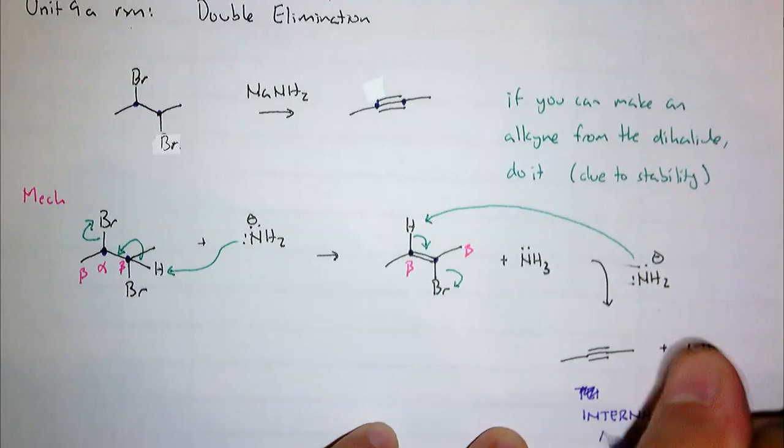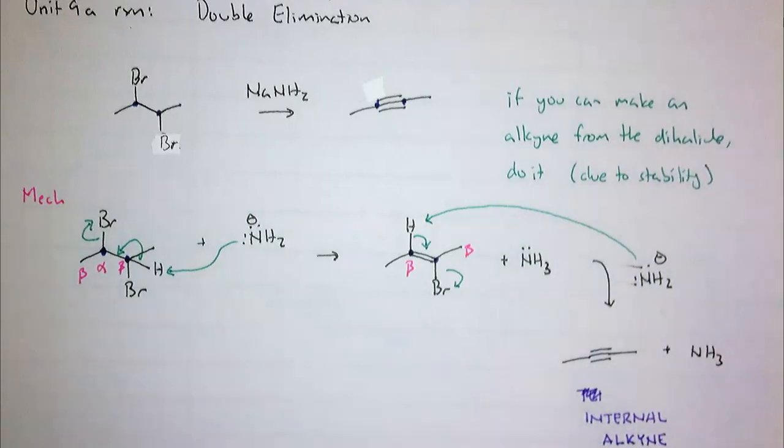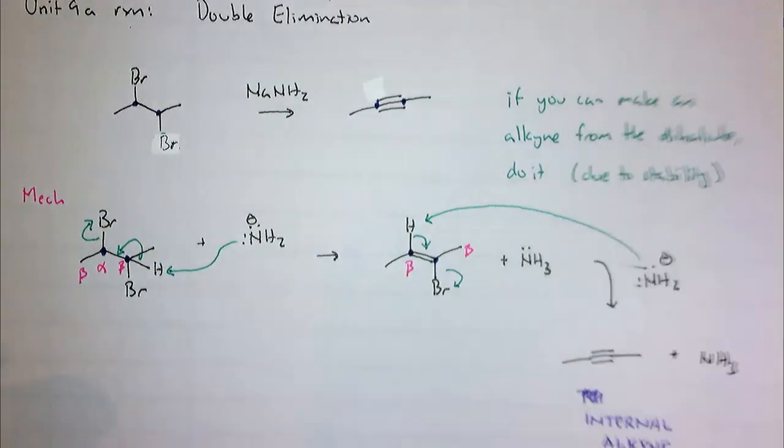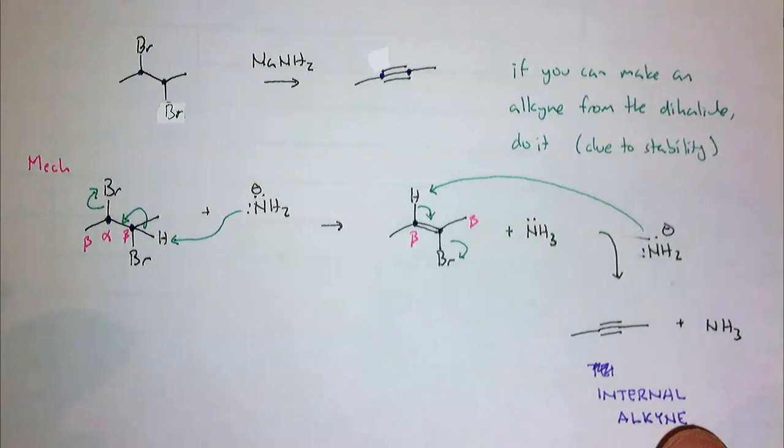Internal alkyne. Now this takes practice, okay? Because, do you have this? If not, go ahead and pause it. This takes practice because, like I said, not all dihalides can be turned into an alkyne. Take a look at this one.